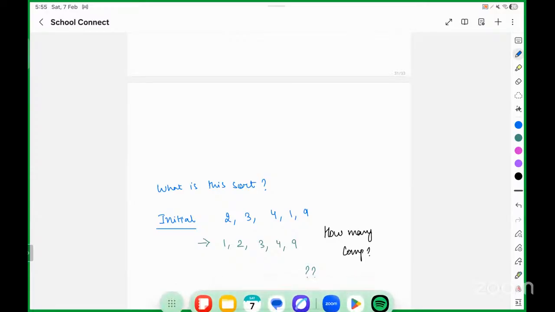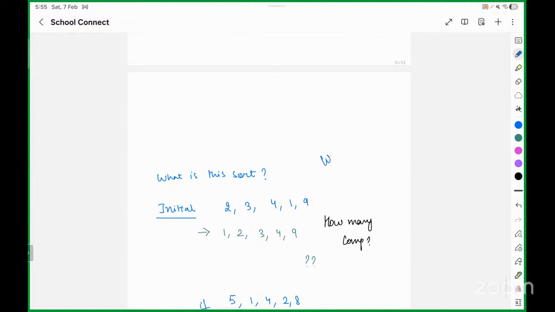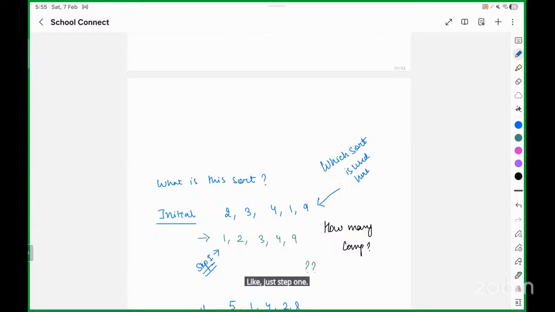So this is the question: which sort is used here? Just step 1. The initial array is 2, 3, 4, 1, 9, and it is outputting me 1, 2, 3, 4, and 9.